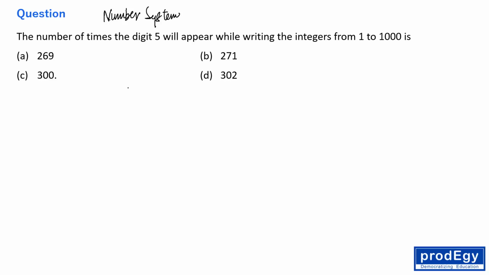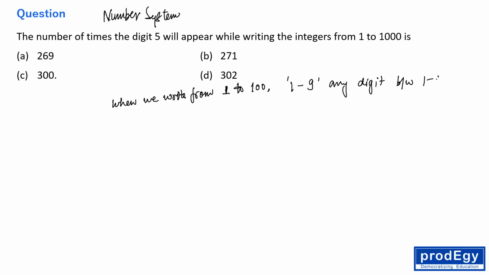See everyone, when we write from 1 to 100, any digit between 1 to 9 appears 20 times.